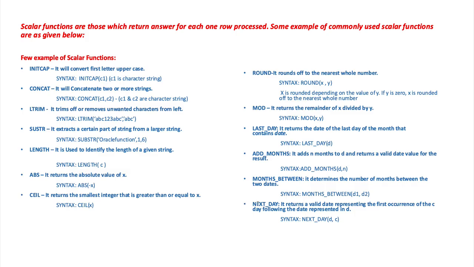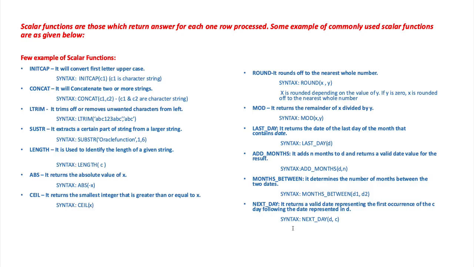Next function, NEXT_DAY. It returns a valid date representing the first occurrence of the C day following the date represented in D. That means here C day represents the day, and the value of C starts from 1 to 7. 1 is Sunday, 7 is Saturday.